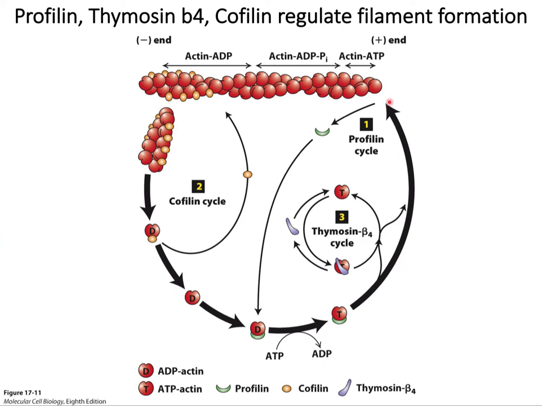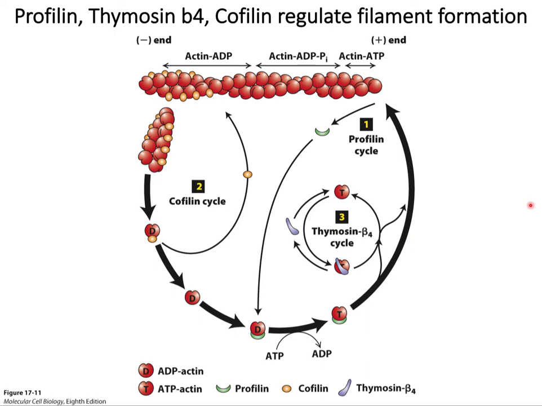So you can see that the fresh new plus end, actin-ATP, is gradually hydrolyzed into actin-ADP. The ATP hydrolysis is important for the depolymerization of the actin filaments because it is thought that the hydrolysis slightly changes the shape of the filament so that it becomes destabilized.